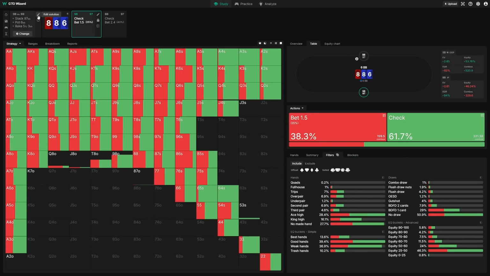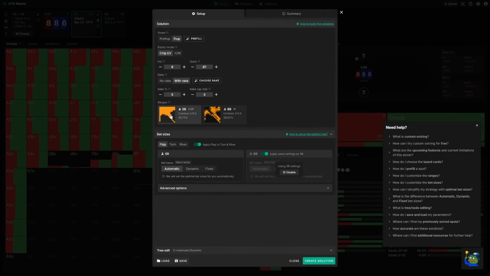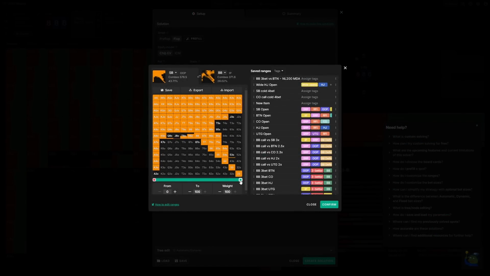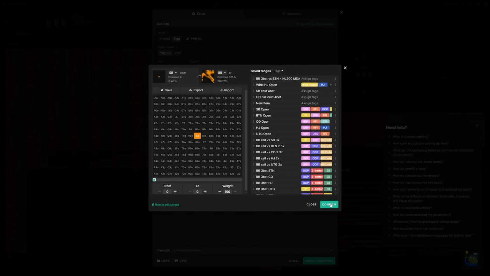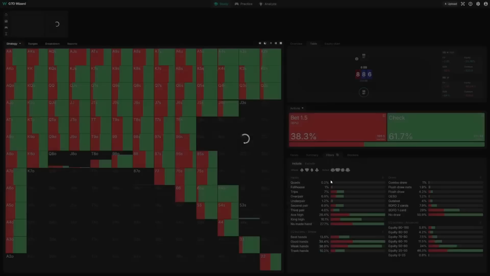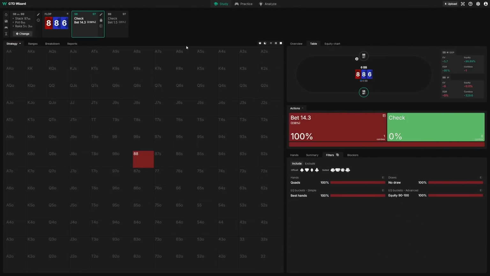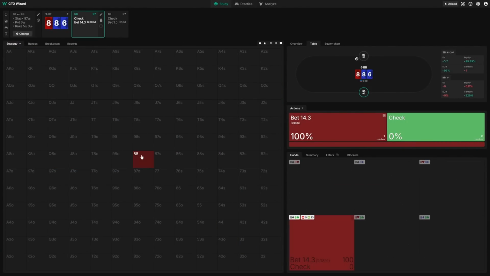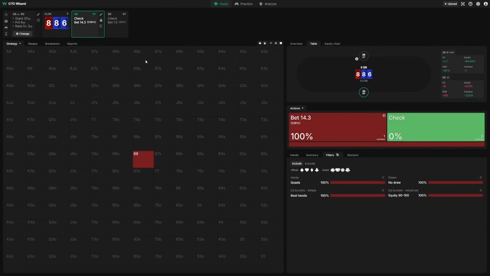Now, of course, if we change this, if we try and model just our exact hand, right? If we get rid of all of this and say, you know what? The only hand I want to plug into small blind is 8-8 because that's the only hand I actually had. So why do I care about the rest of the hands? Well, what you're actually telling the solver in this case is that this is the only hand you could have. And so it's the equivalent, in terms of plugging into a solver, of turning your hand face up.